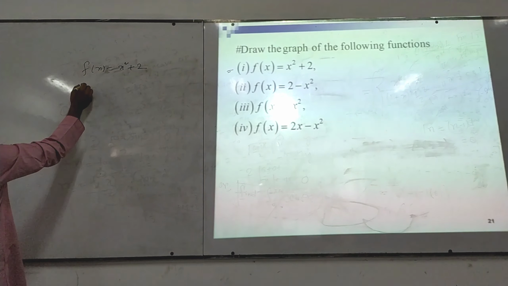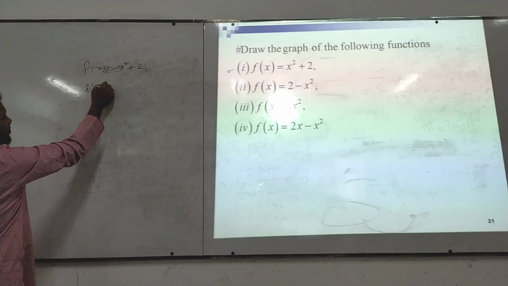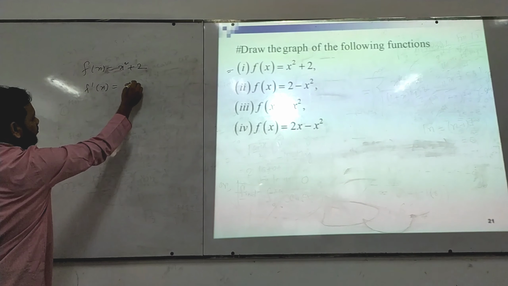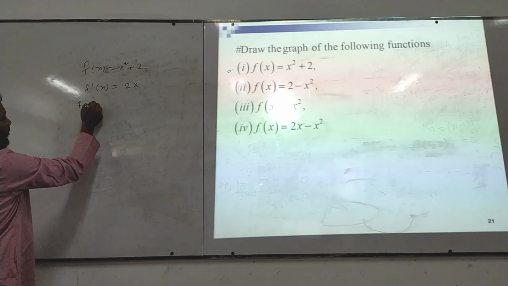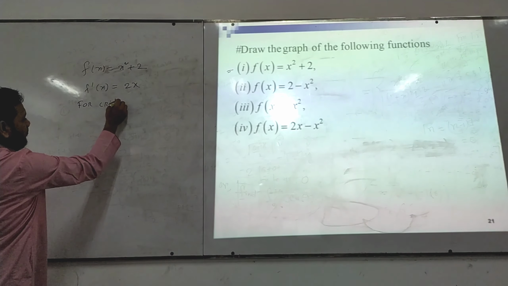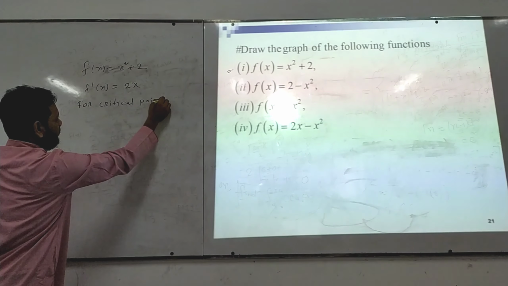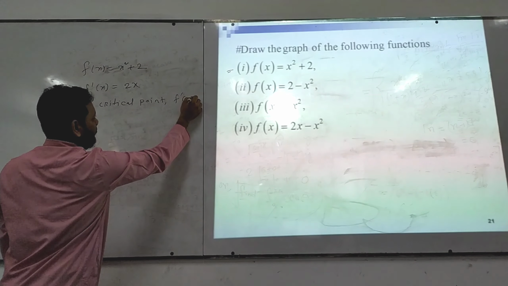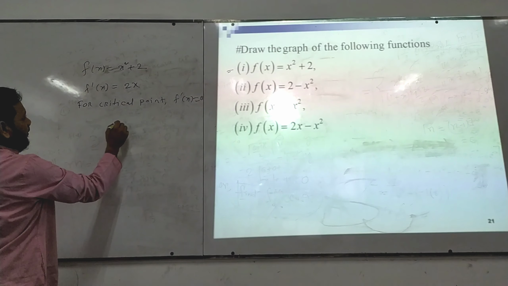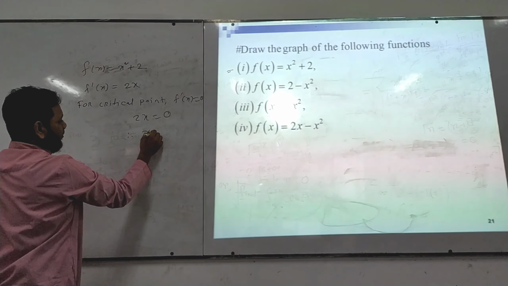Now, for the critical point, f prime x equal to 2x. For the critical point, we know f prime x equals to 0. That is 2x equals to 0, which means that x equals to 0.